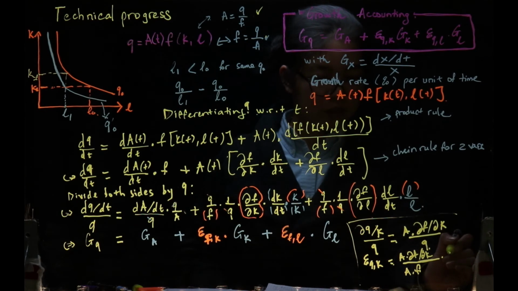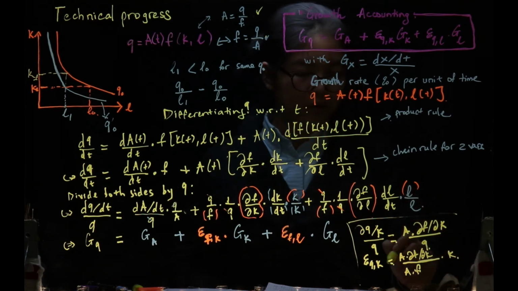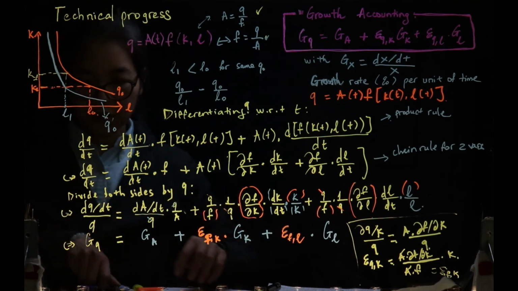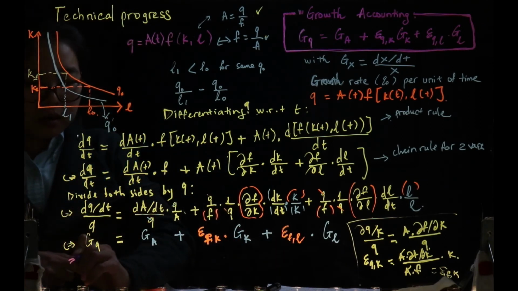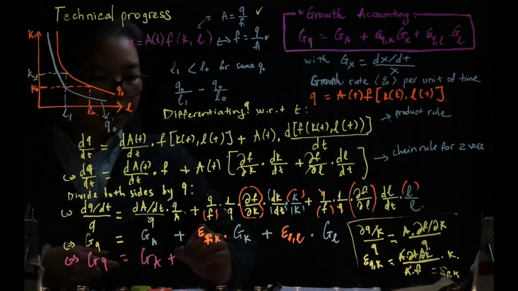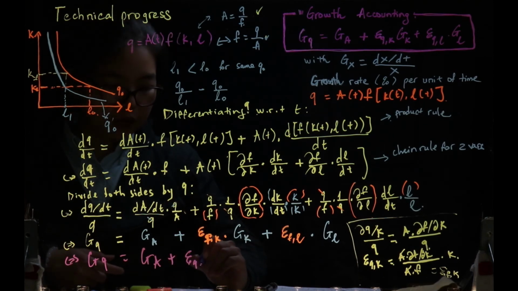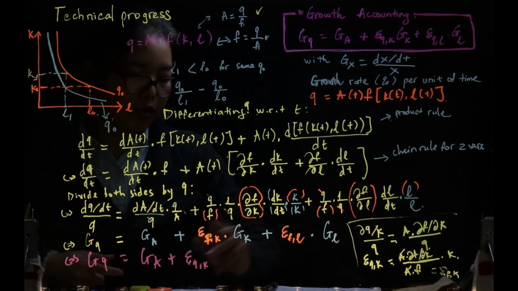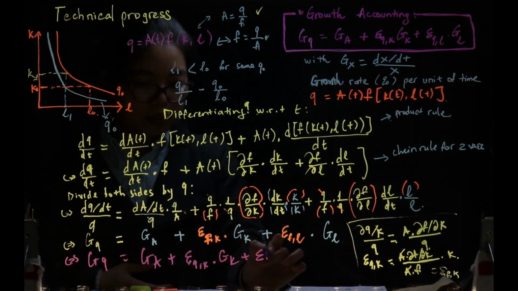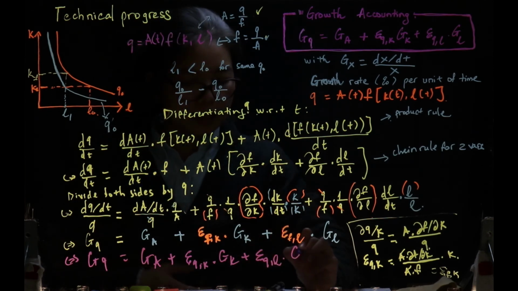And then times K. So at the end, A cancels out, and it also equals the elasticity of F with respect to K. So for that reason, now we could write that GQ equals GA plus the elasticity of output Q with respect to K, replacing F by Q because it's equivalent now, times GK, plus the elasticity of Q with respect to L times GL.